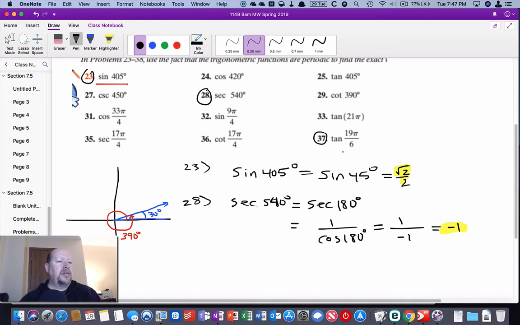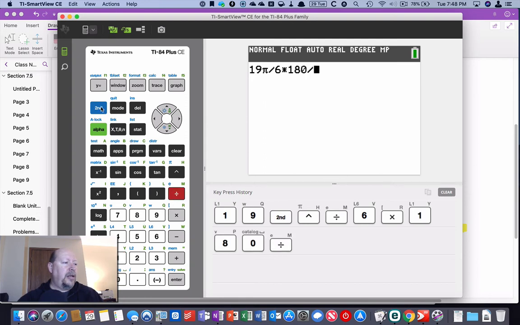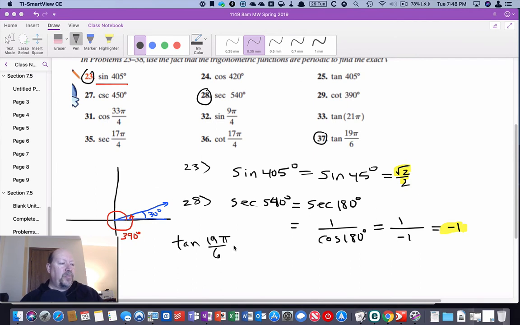Last one here, tangent of 19 pi over 6. I don't know what that angle is in degrees, but we can take care of it here. We take 19 pi divided by 6 and convert that to degrees by multiplying by 180 over pi. That would be 570 degrees. So this is a tangent of 570 degrees.